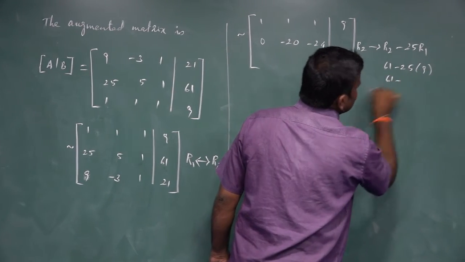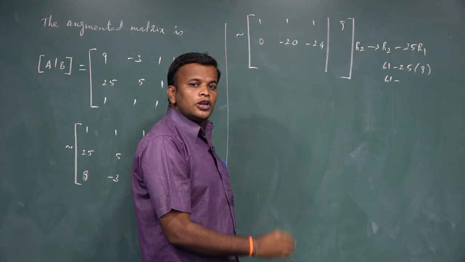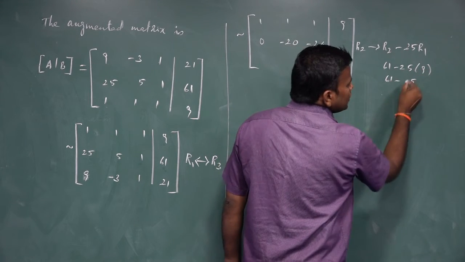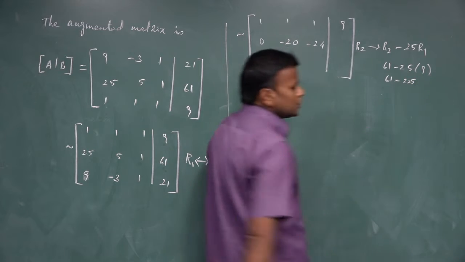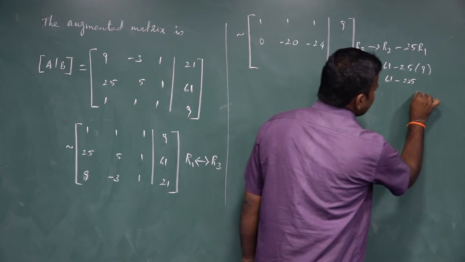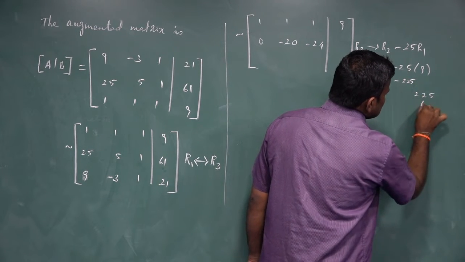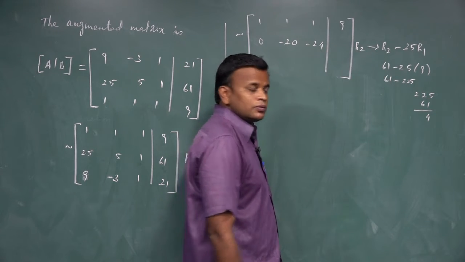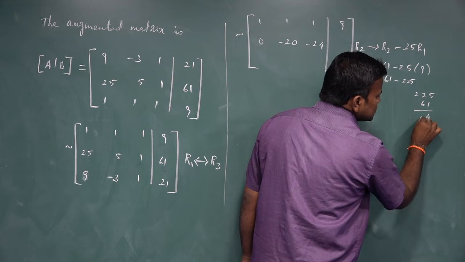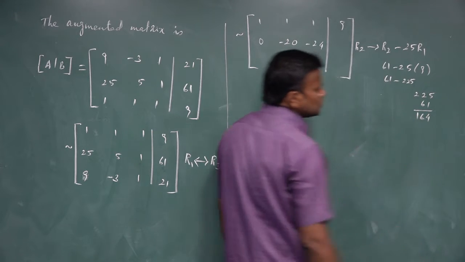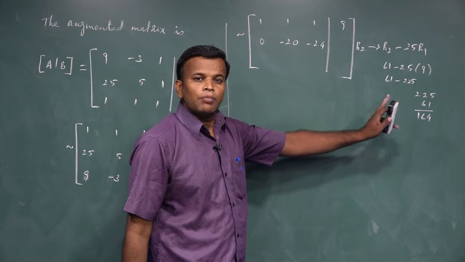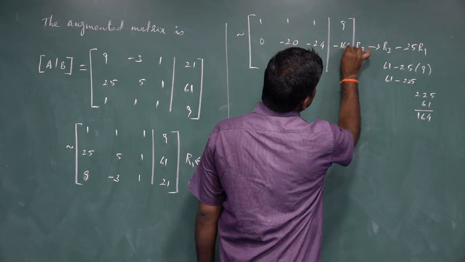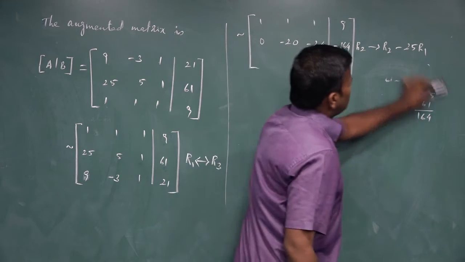So 25 times 9 is 225. So 225, we subtract 61. 5 minus 1 is 4, 12 minus 6 is 6, is 1. But the big number is a minus. So the answer is minus 164. So the second row is done.